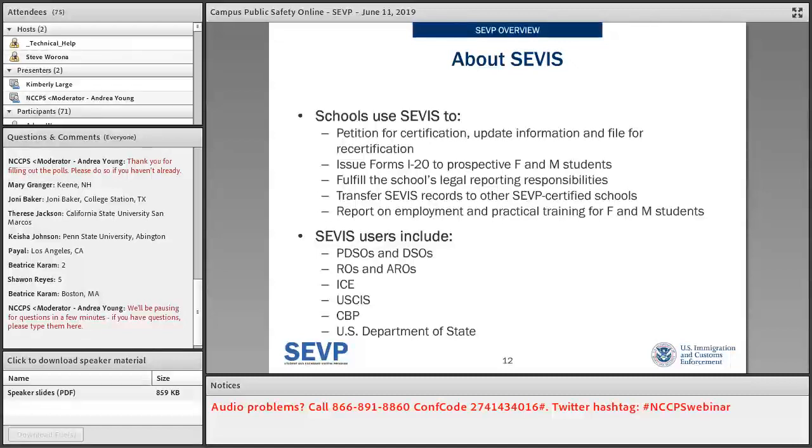And it's also where our DSOs handle all their reporting responsibilities. Oftentimes, or most of the reporting has to be done within 21 days. And that even includes during times of disaster. So it's really important that DSOs are staying in touch during emergency planning. Some areas that need to be updated frequently would be student addresses, program changes, if a student falls below a full course of study, that type of thing.